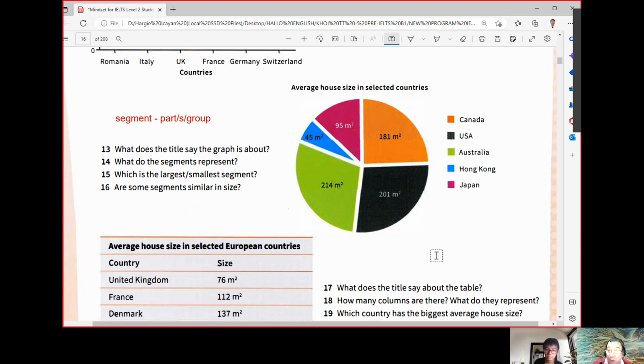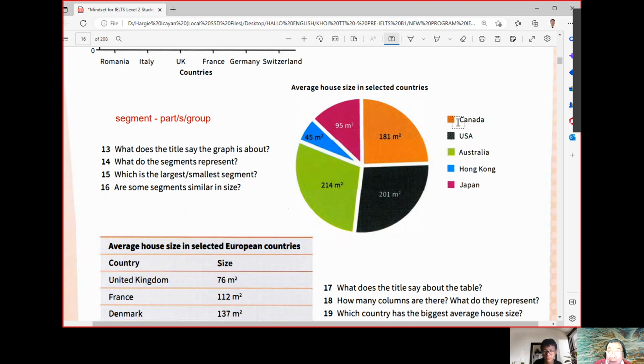Sometimes, not most of the time. But in this particular question, what do the segments represent? It's all about the average house size in each country. So the answer for that one would be different countries.